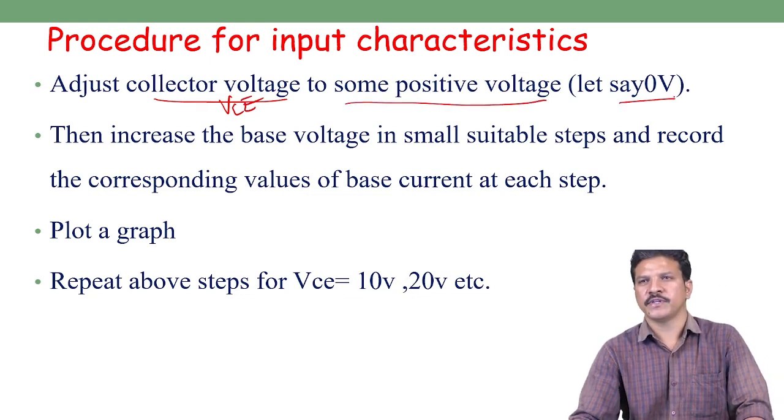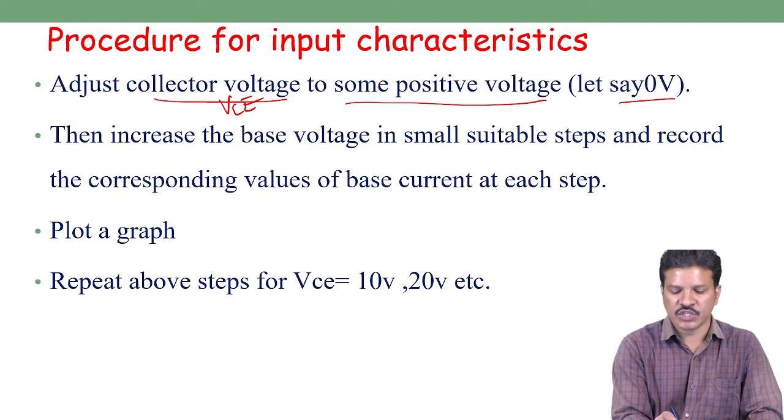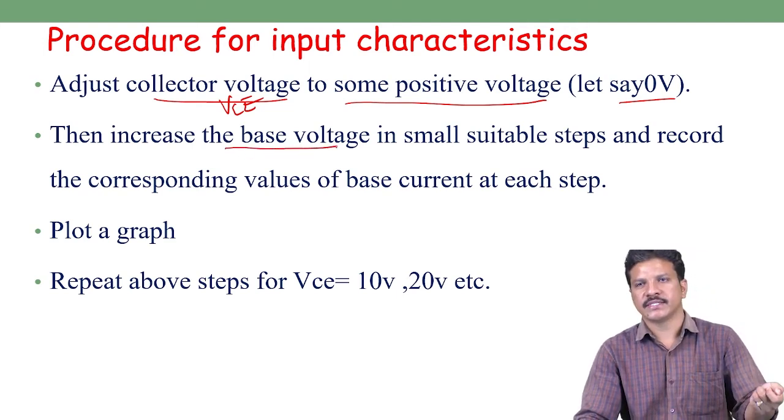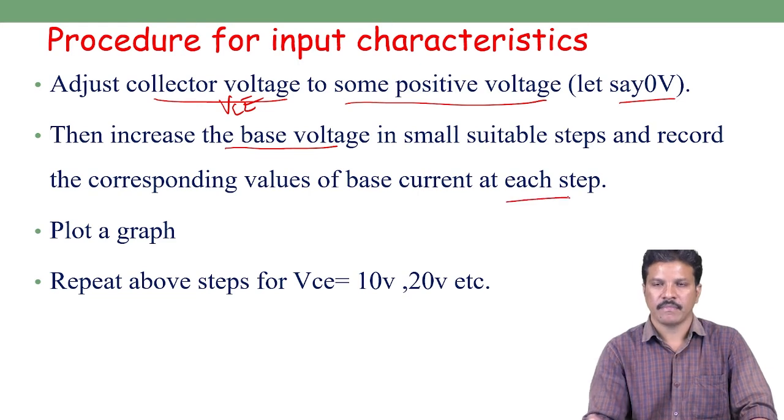Let us take 0 volts or 5 volts or 10 volts. Consider 0 volts in this case. Then increase the base to emitter voltage, that is the input voltage, in small suitable steps, and record the corresponding values of base current at each step.